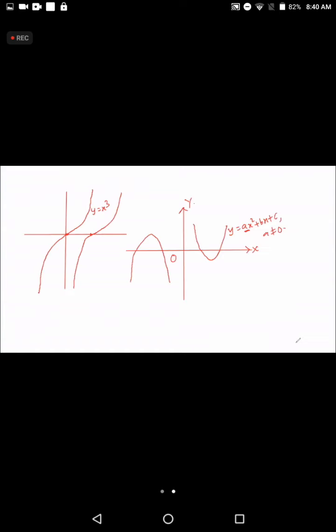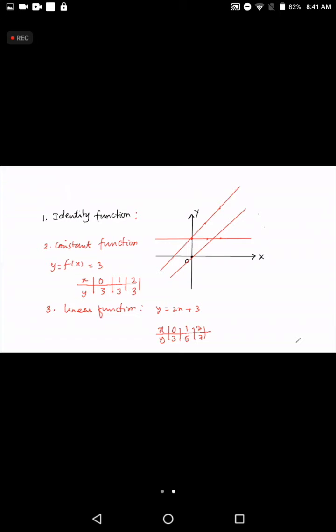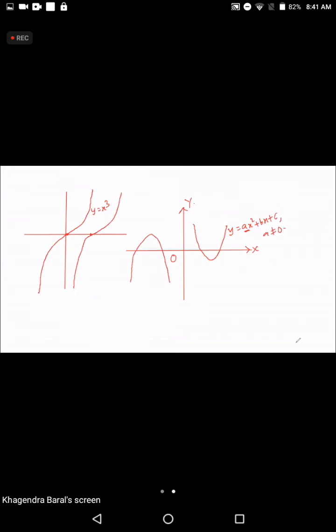Let me take the help of an example to draw the graph of a rational function.